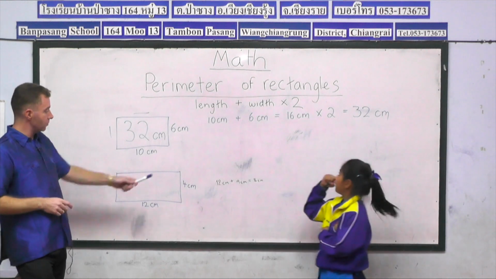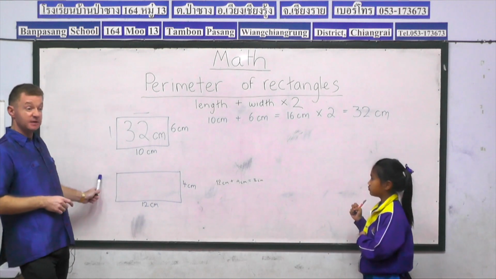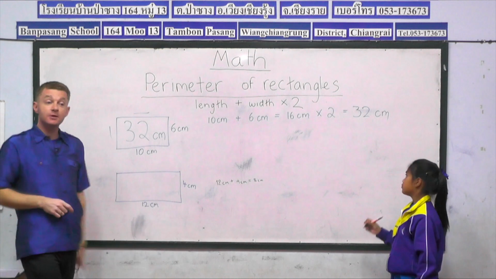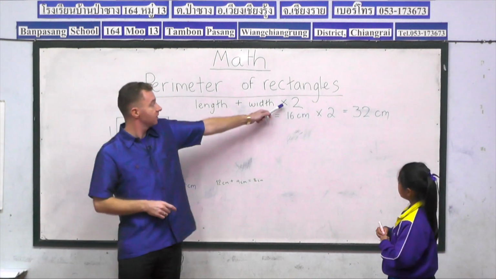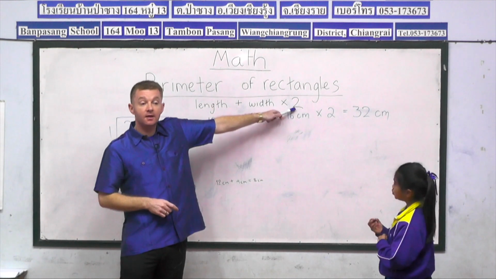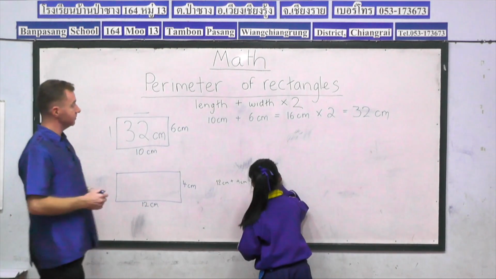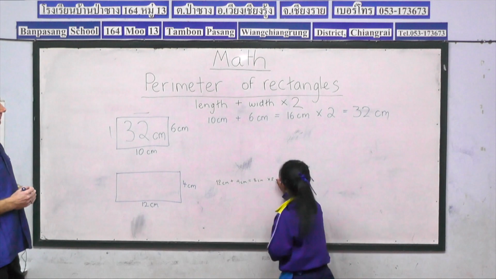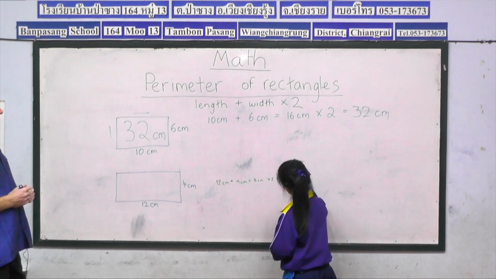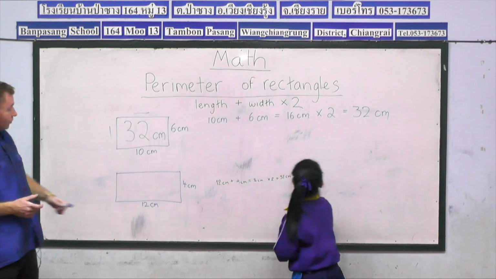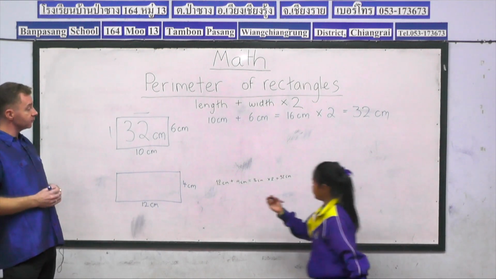Okay, so now we need to get the length and the width of these two sides here. But we already know. All we need to do is take 16 centimeters and times it by 2. So 16 times 2 equals 32 centimeters.